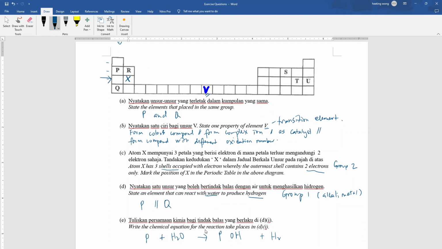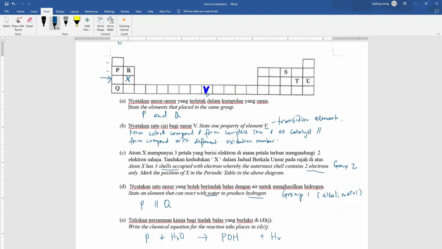P hydroxide is an alkaline solution, it's POH. Then we need to balance the equation. P here times 2, this one times 2, this one also times 2. So it's balanced already.